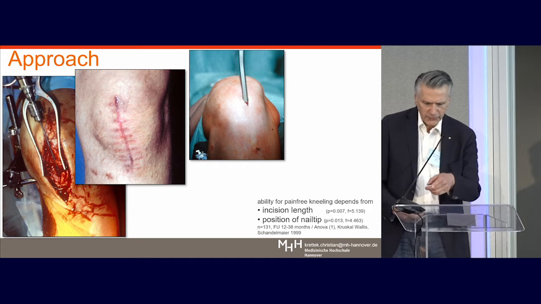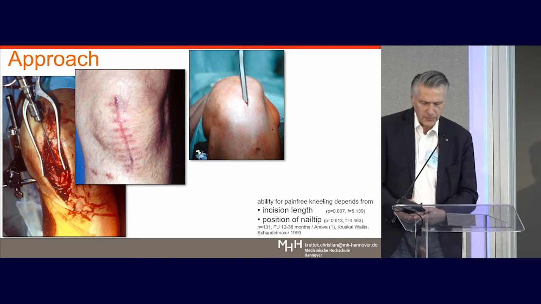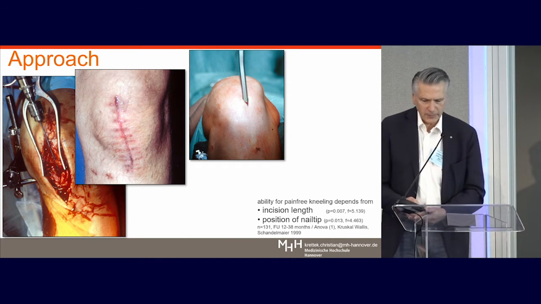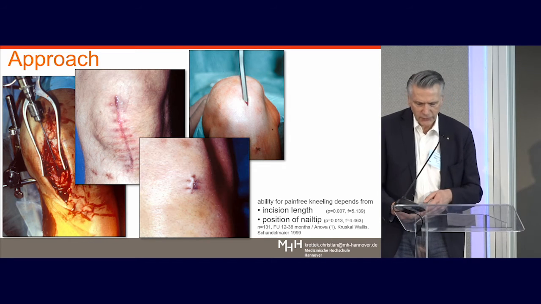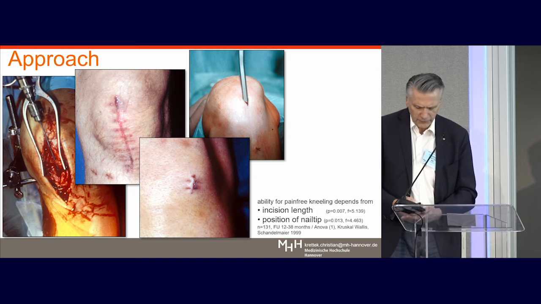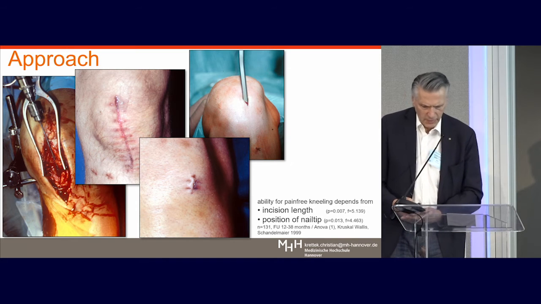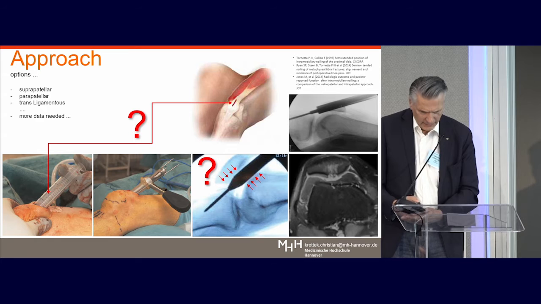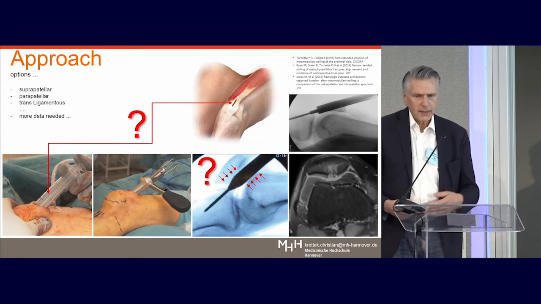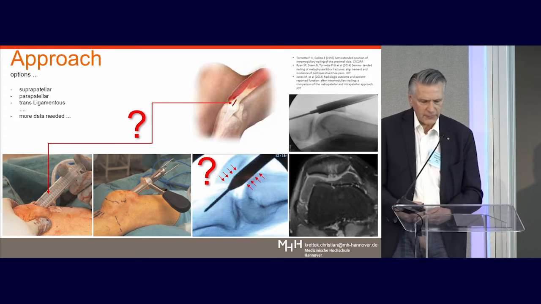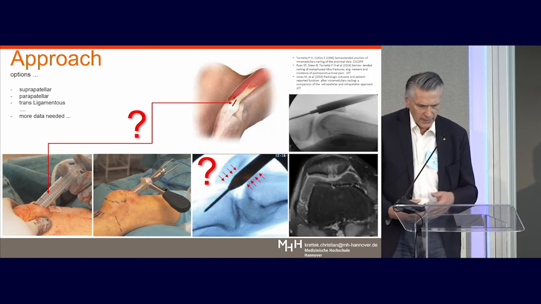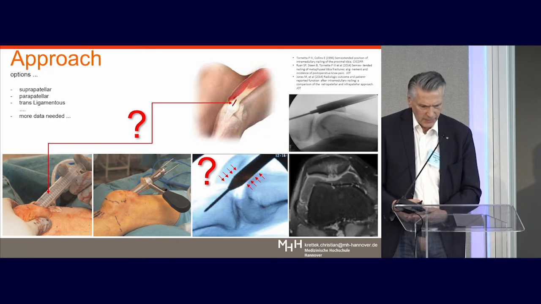Careful planning: you see here a little K-wire, which represents the center of the medullary cavity. And once you follow these planning rules, you end up with a thin skin incision, which is almost like a locking bolt size.